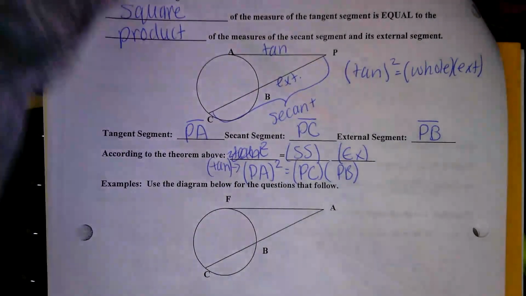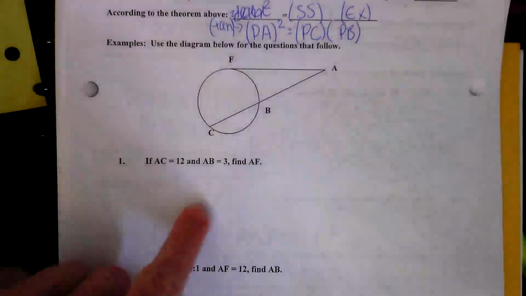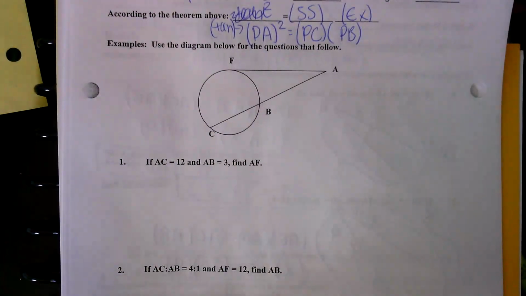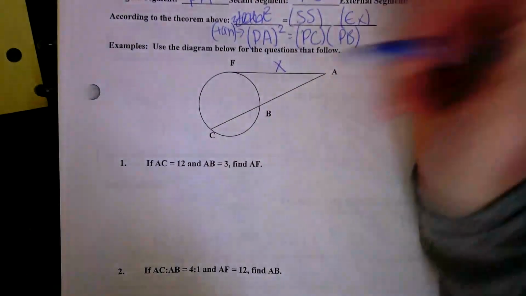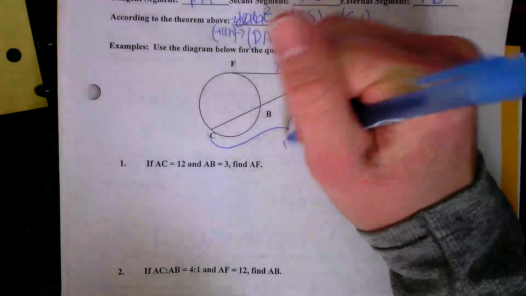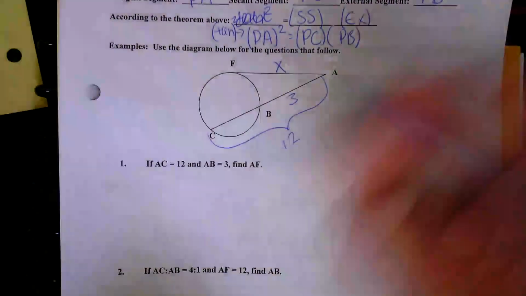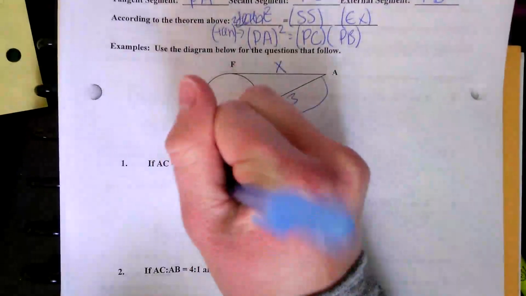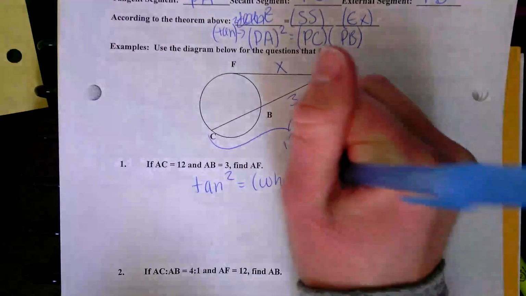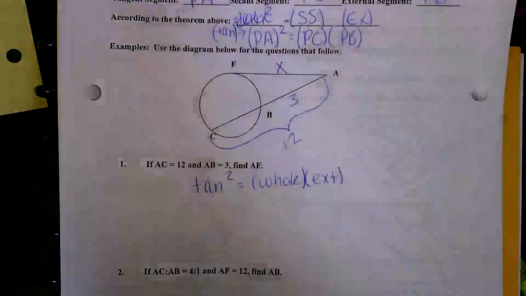All right, so let's do a couple of examples. So we're going to use this diagram. So let's do number 1. So if AC is equal to 12 and AB is equal to 3, then we need to find AF. Okay, so we need to find this. AB is 3, and this whole thing is 12. Okay, so remember, our tangent squared is equal to the whole times the exterior segment.